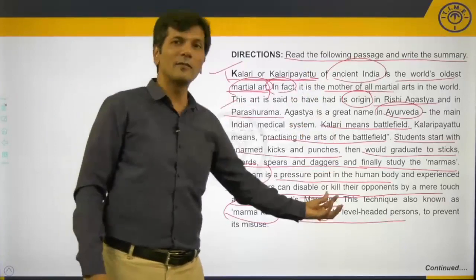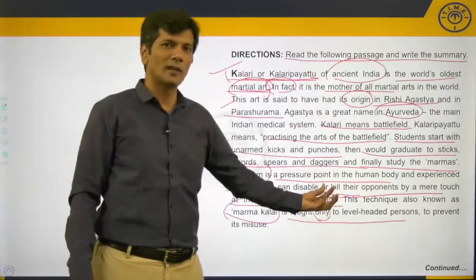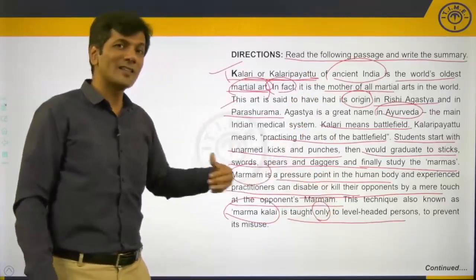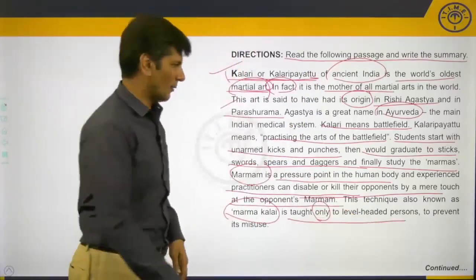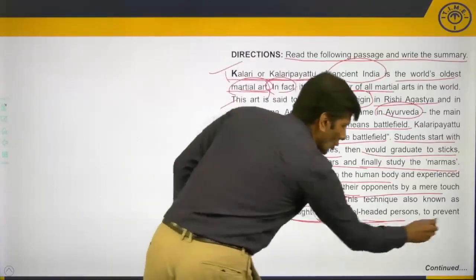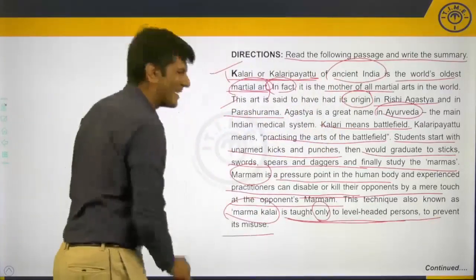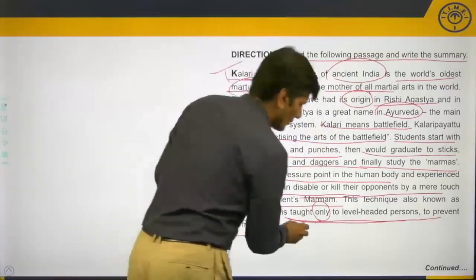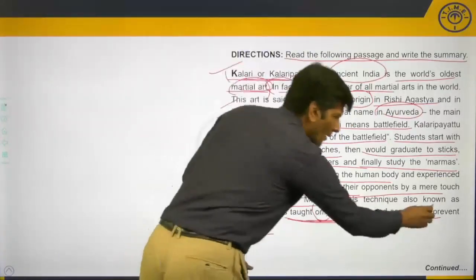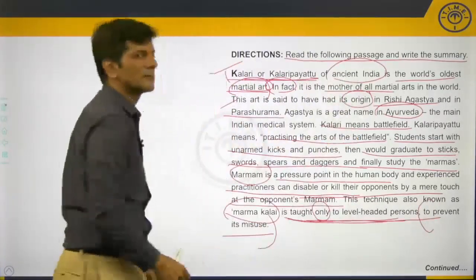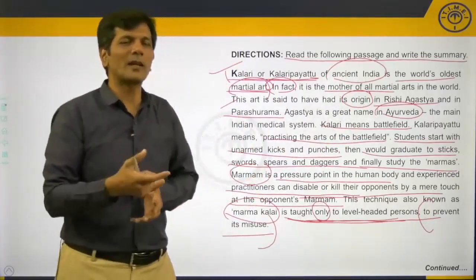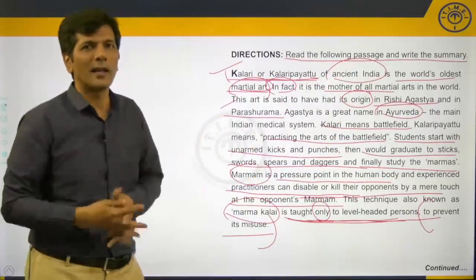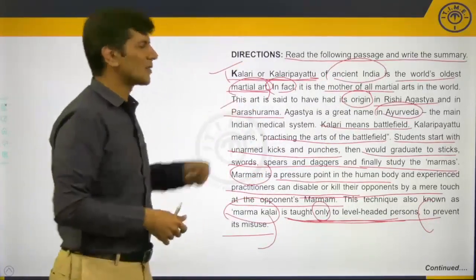And the highest level that can be achieved in this is marmam. And why is it that marmam is taught only to level-headed people? It is said that it is taught only to level-headed persons to prevent its misuse. So it is taught to some people, and why only to some? These are your key takeaways. You should be able to very quickly summarize all these points in a gist. So it doesn't take us long.